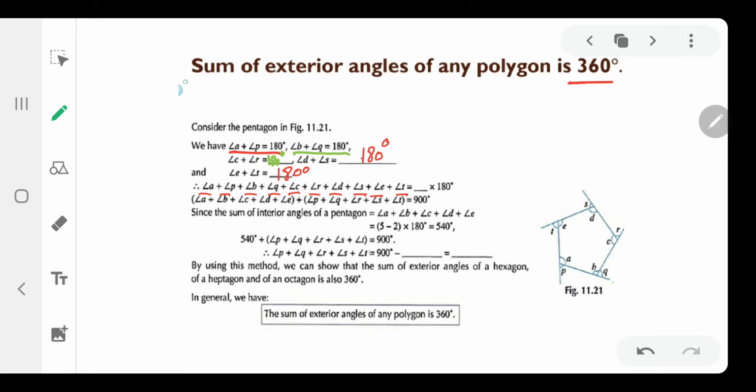How many pairs are there? 1, 2, 3, 4, 5. So I have to multiply 5 by 180 degrees. The sum of all those interior and exterior angles is 5 multiplied by 180 degrees, right?